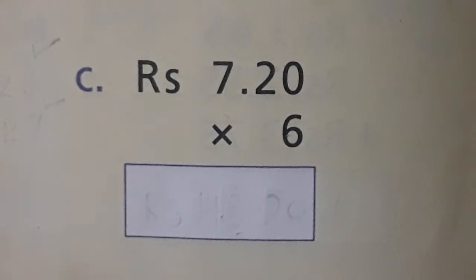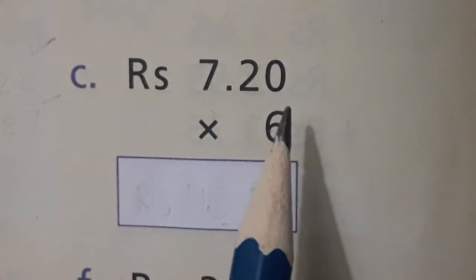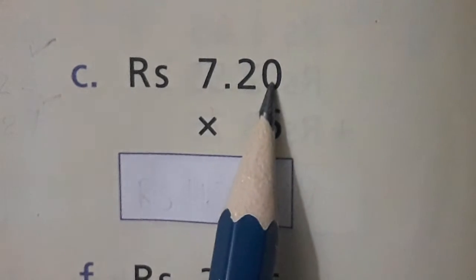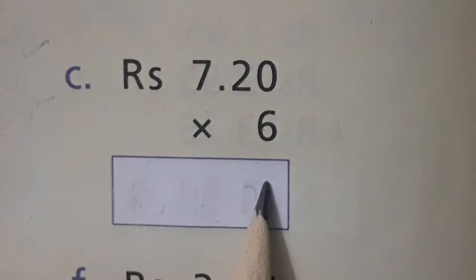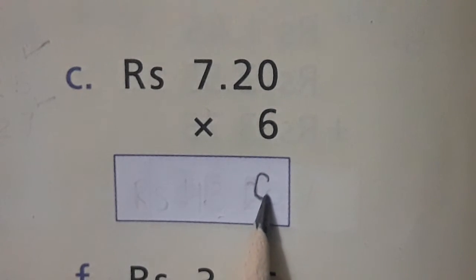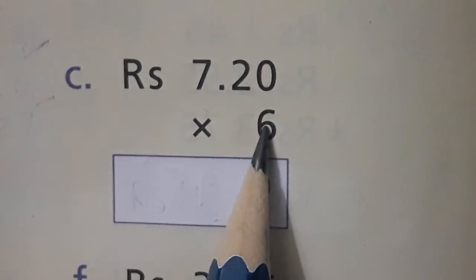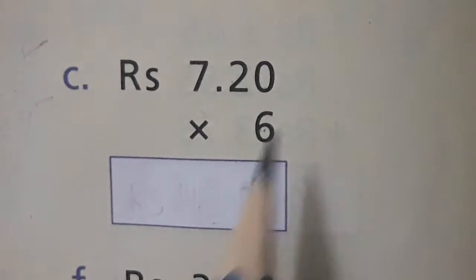Okay, now look at part C. 6 zeros are, students, whenever we read the table of 0 we get the answer 0. 6 zeros are 0. And then the next number: 6 twos are 12.